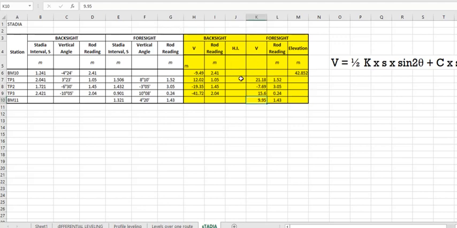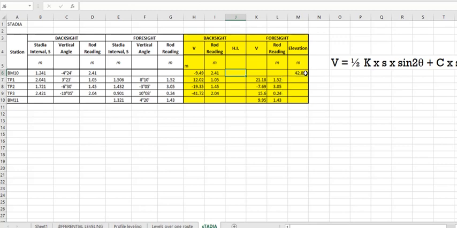Okay, so now we compute for the HI, or the height of the instrument. So take note, the sign for the V, or the vertical distance, on the backside rod reading, we will change the sign. Once we compute, all the rod readings on the backside will be added, and all the rod readings on the foresight will be deducted.